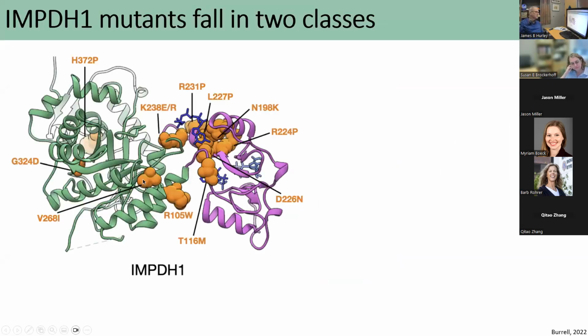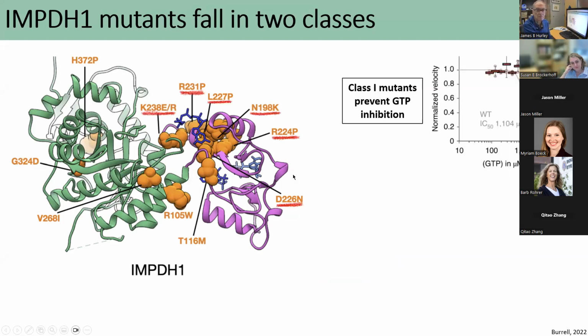To take a step back and look at these mutations more broadly, the Coleman lab was able to characterize some of them into two different classes. With the class 1 mutants, when they did their activity assay where they measured IMPDH activity, normally at a certain level of GTP it will become inhibited. But these class 1 mutants seem to be active at very high levels of GTP, and at the levels that we tested, they weren't getting inhibited at all.